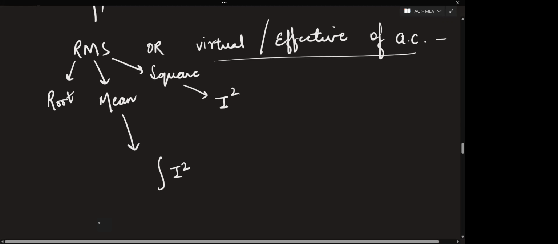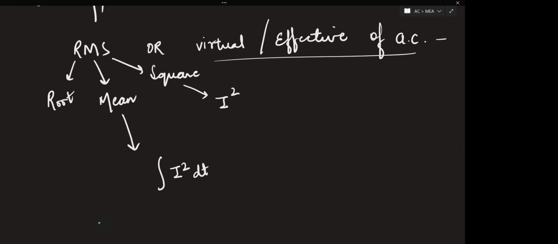Right now we have I square. Integrate it from 0 to T, divided by the integration of the total time given. Just remember this, rote learn it if possible.